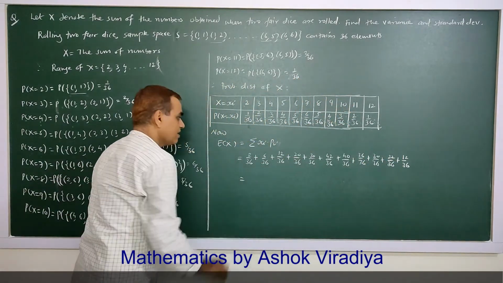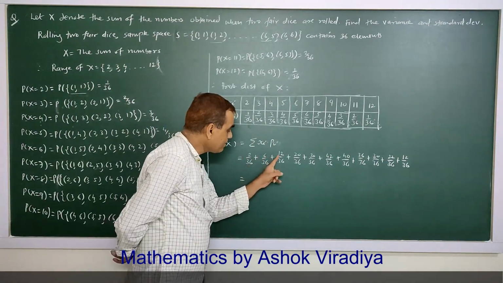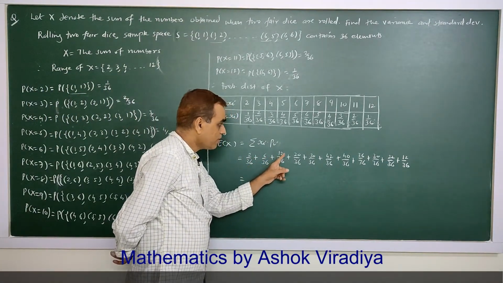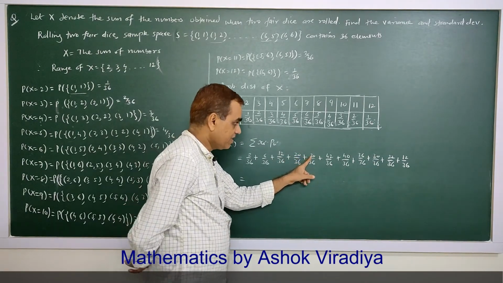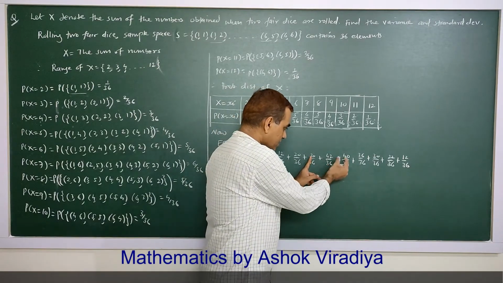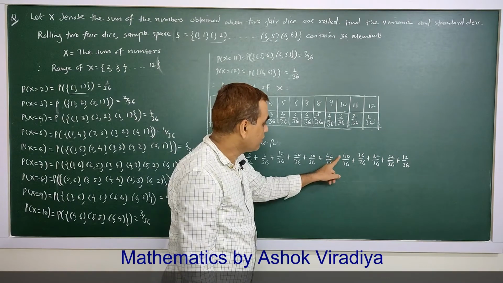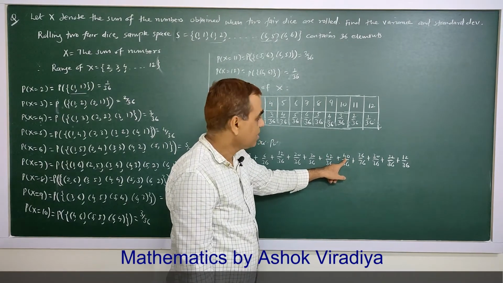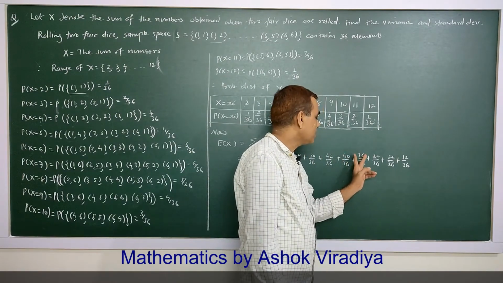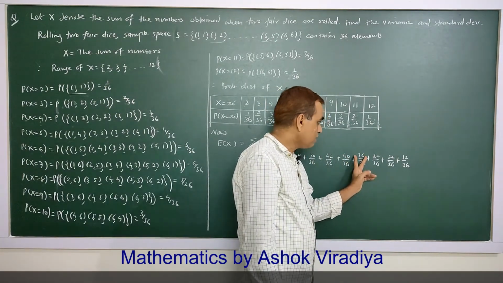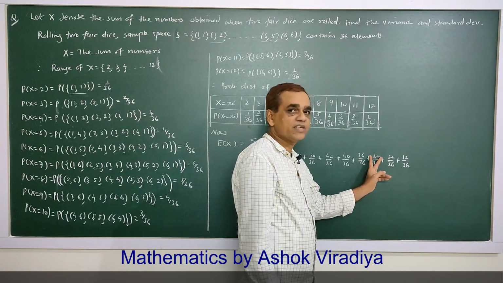Now taking the addition of these numbers. 6 plus 2 is 8. 8 plus 12 is 20. 20 plus 20, 40. 40 plus 30, 70. 70 plus 42, 112. 112 plus 40, 152. 152 plus 36, 188. 188 plus 30, 218.